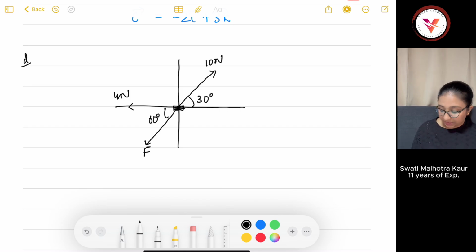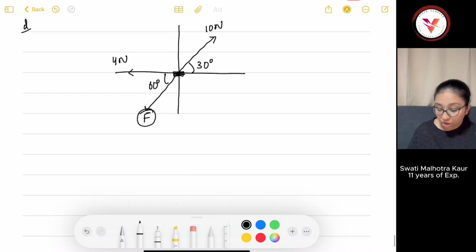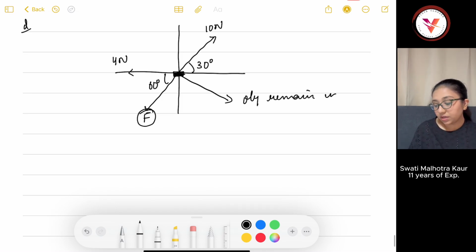So we are asking what should be the magnitude of this force so that this object remains in equilibrium. Okay. So what you can do, you can resolve it.